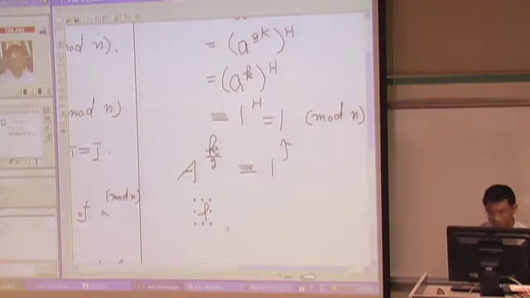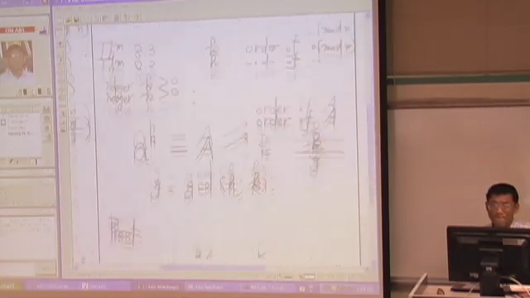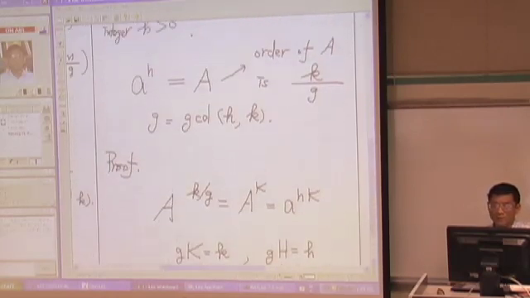let's give a name to the order of capital A. What name do you like for the order of capital A? We want to prove this thing, but until then, I want to name the order of A. You may pick any letter representing the order of A. In the end, it will be equal to this one.